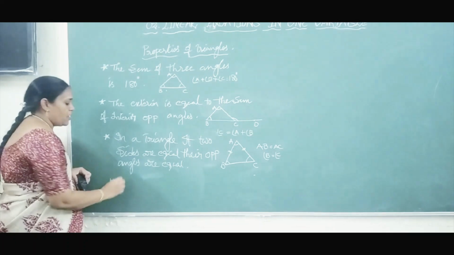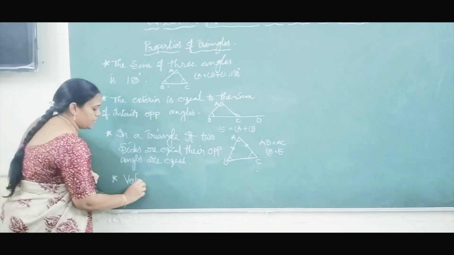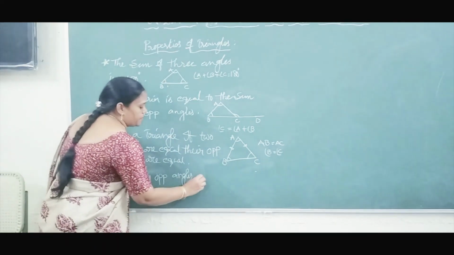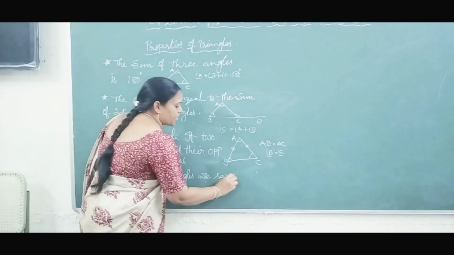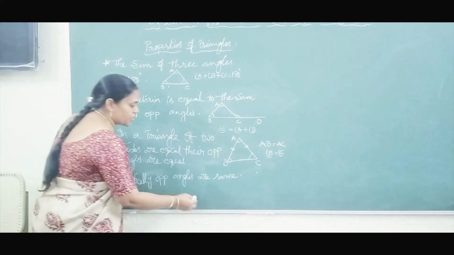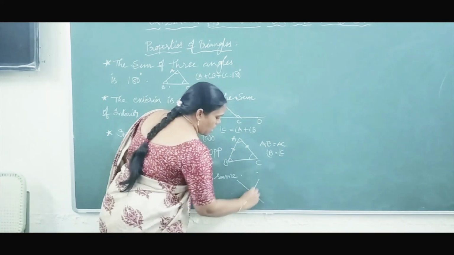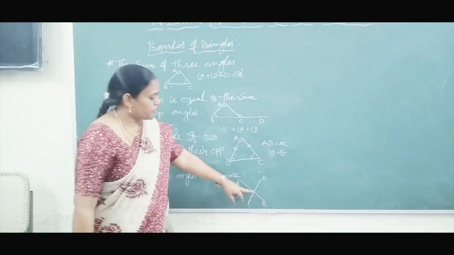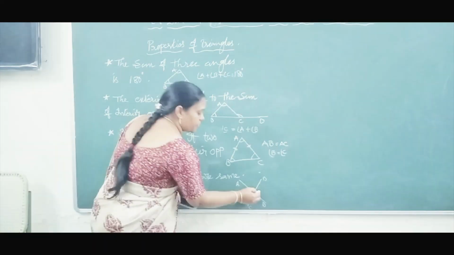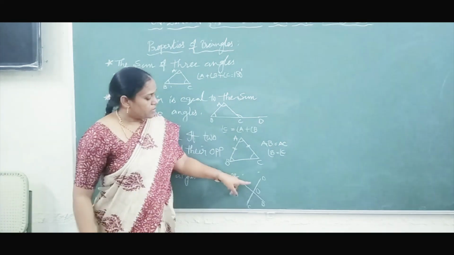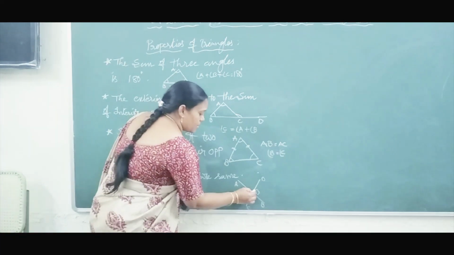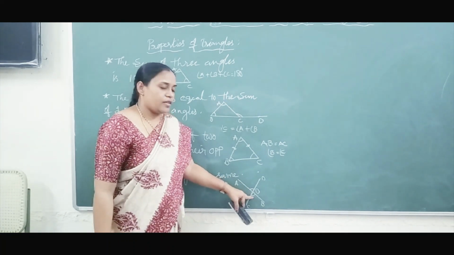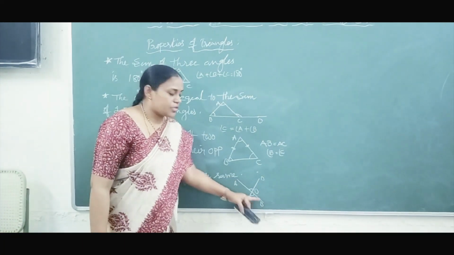What is the fourth property? Vertically opposite angles are the same. What are vertically opposite angles? See this diagram. Lines AB and CD intersect, and at the intersection point, if we take O, they form two angles. That is angle AOB and angle BOC are vertically opposite angles.